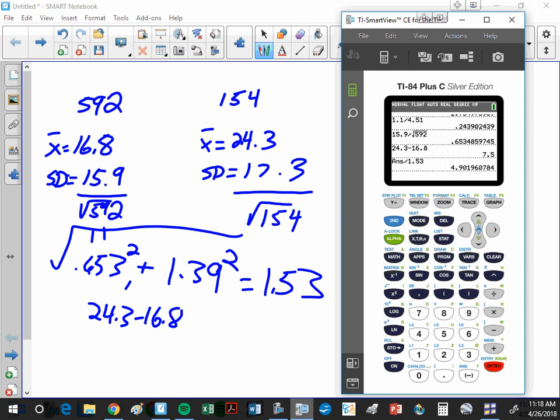Did giving people money on their way out of prison affect how much they worked afterwards? Yes, in a highly significant way. The people who were given money worked 16.8 weeks on average, and the people who weren't given money worked 24.3, and we ended up with a p-value that's essentially 0.